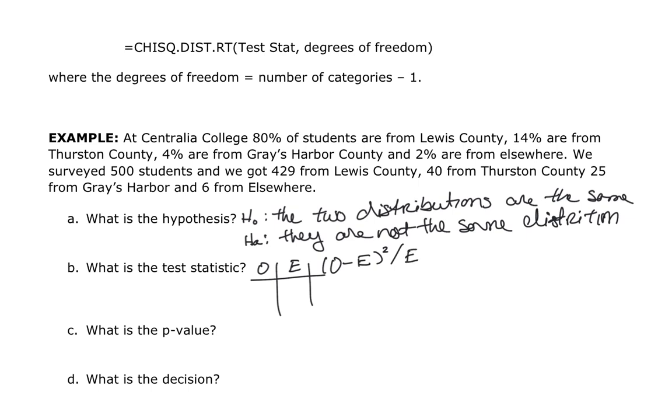So I might build something like that, enter my observed and my expected, do an equals, and pull it through. What I got for my test statistic was 17.8096.